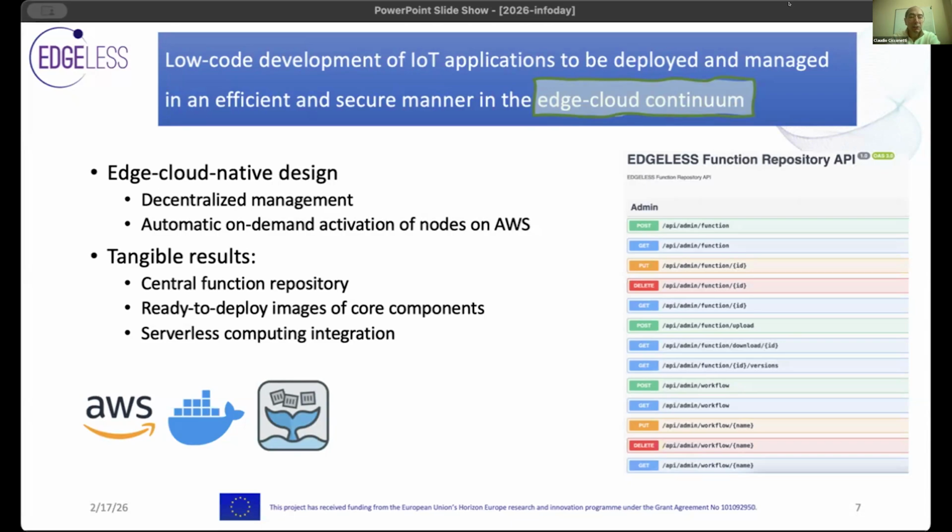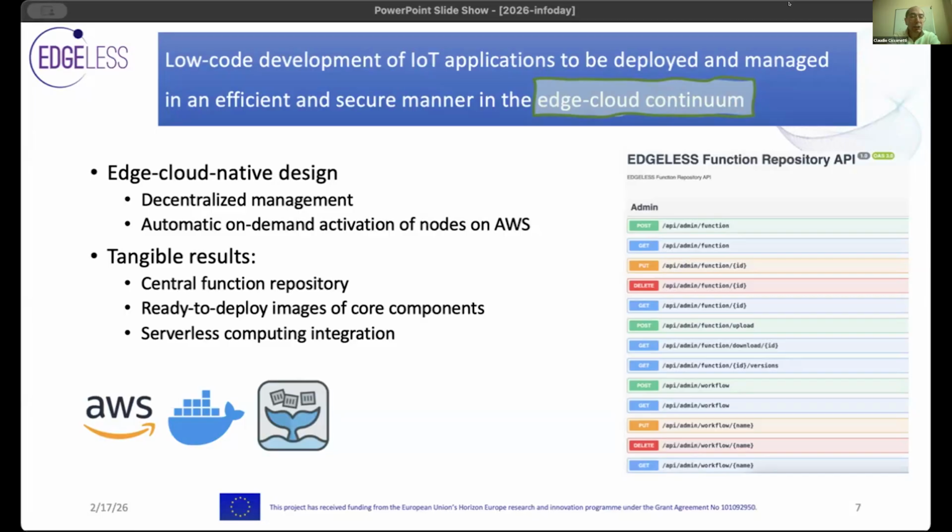We have a central function repository that keeps the artifacts, which was already mentioned, and we have ready-to-deploy images of all the core components of the system that are automatically created when a new release is made on GitHub.